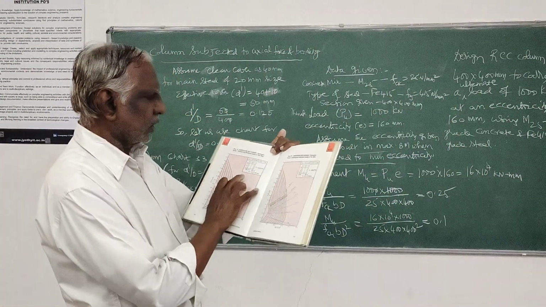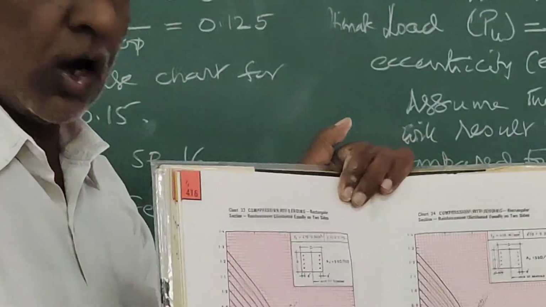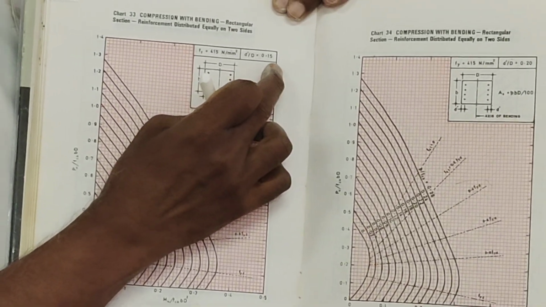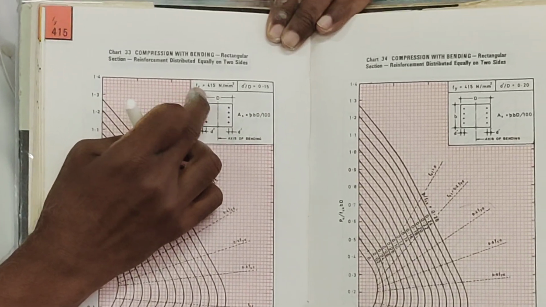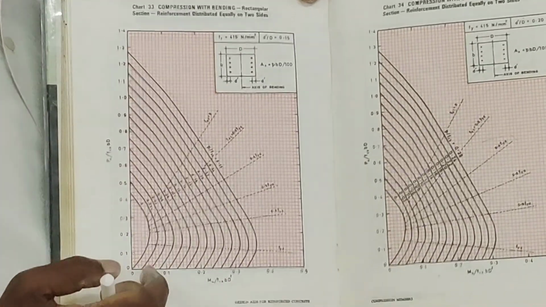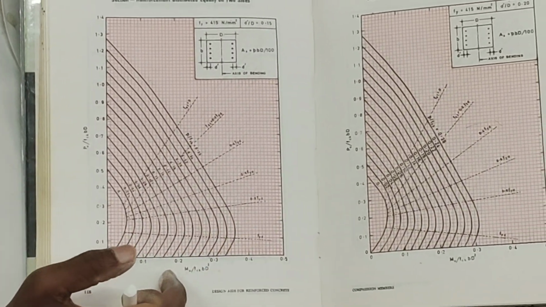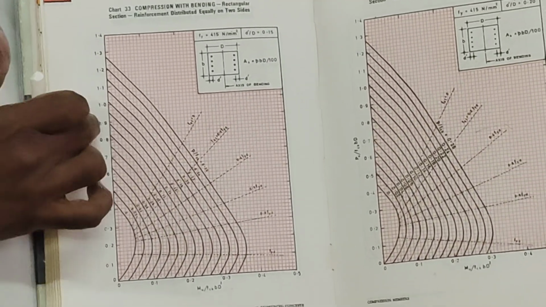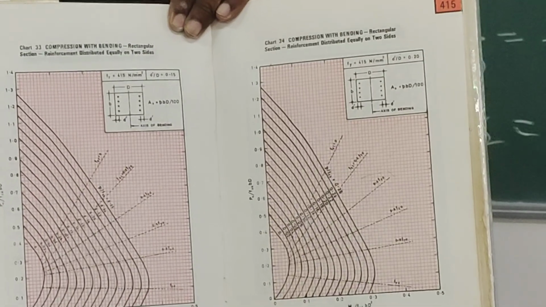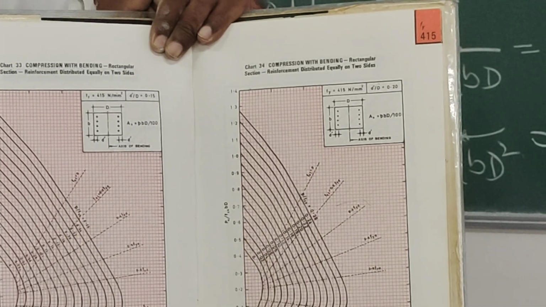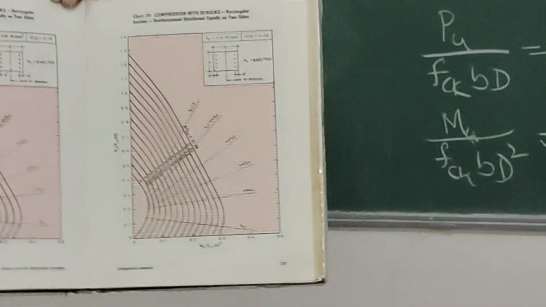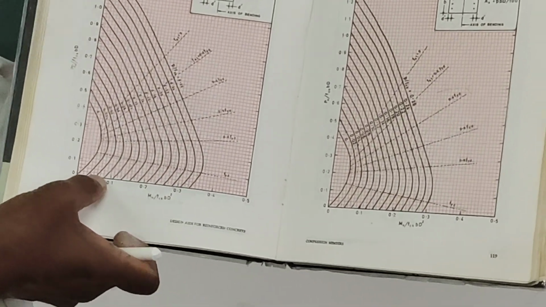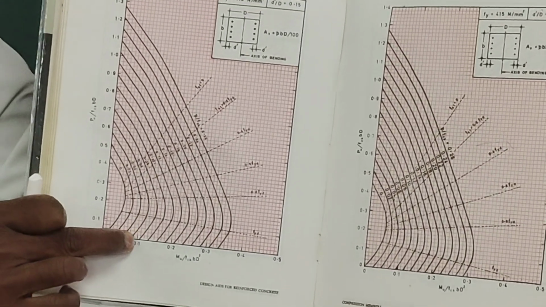So this is the chart. At the top of the chart it has been given d dash by D equals 0.15, type of steel Fe 415 grade, horizontal axis Mu by fck b D square, vertical axis Pu by fck b D. All these values you have calculated, not dimensional figures. Take Mu by fck b D squared as 0.1, that is this particular point.